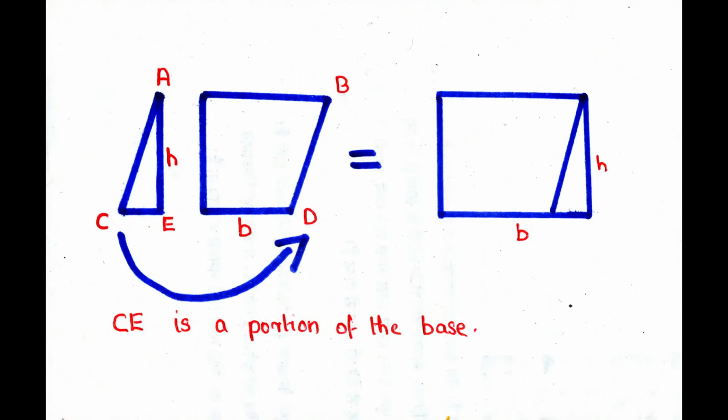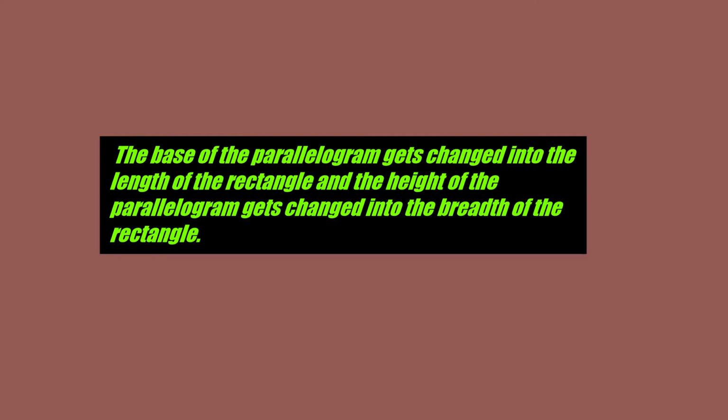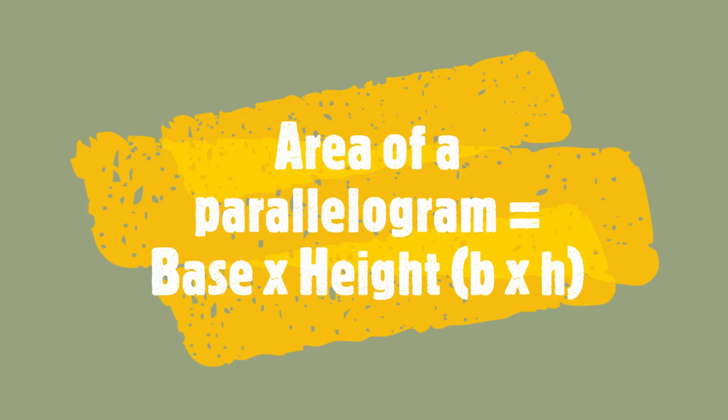So we can say that the base of the parallelogram gets changed into the length of the rectangle, and the height of the parallelogram gets changed into the breadth of the rectangle. Since the area of a rectangle is equal to length into breadth, therefore the area of a parallelogram is equal to base into height. Now let us look at an example.